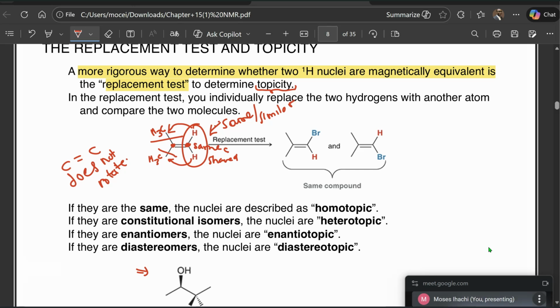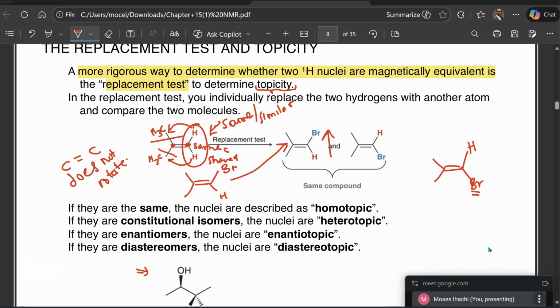Now, if you want to confirm, to take it further, replace the top hydrogen with the bromine. Okay. Replace the bottom hydrogen with the bromine. Whichever atom that's not a hydrogen, just do the replacement. You know that these two are the same, right?